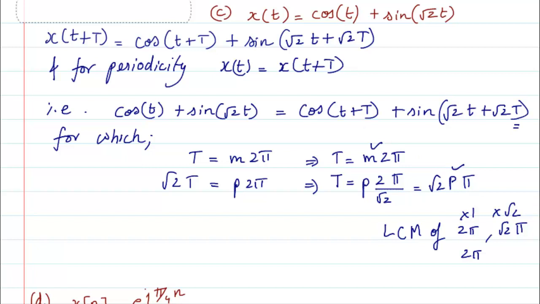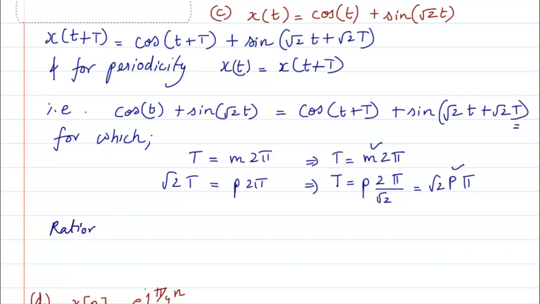Another way of looking at it is through the ratio of both these being a rational value, for which we can write the ratio of these.